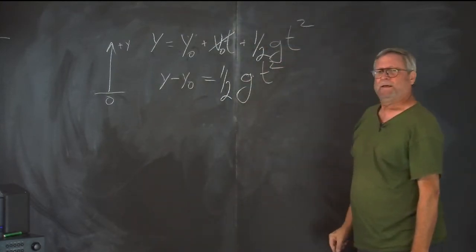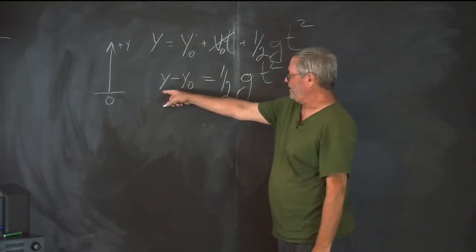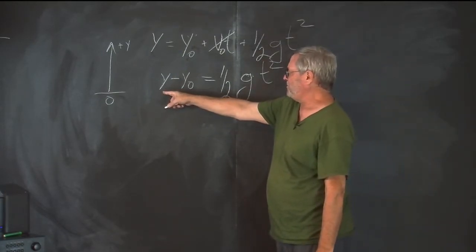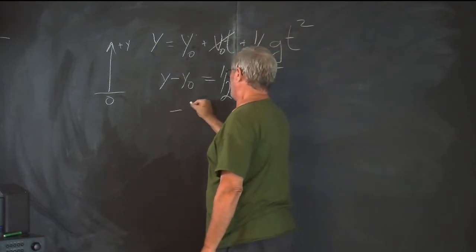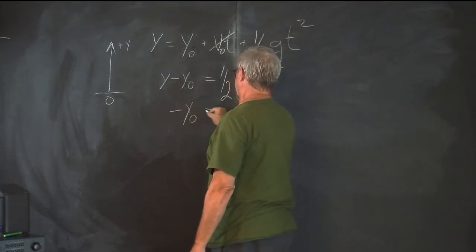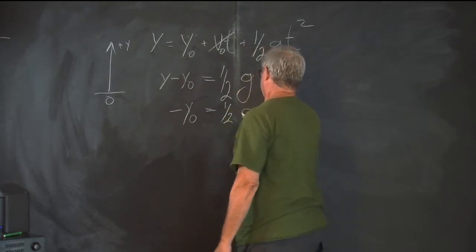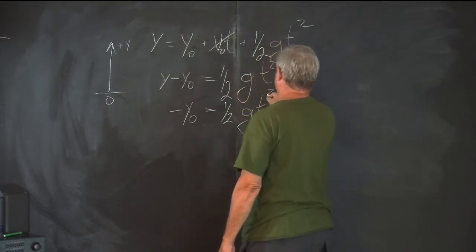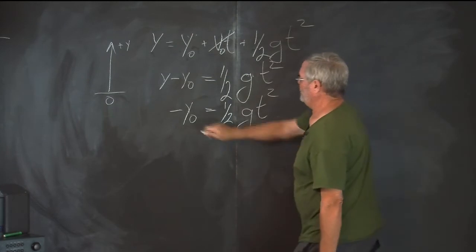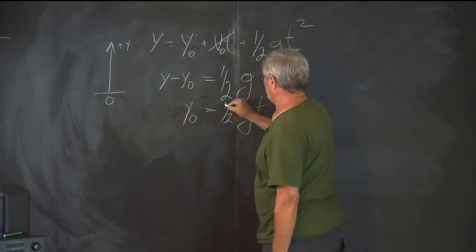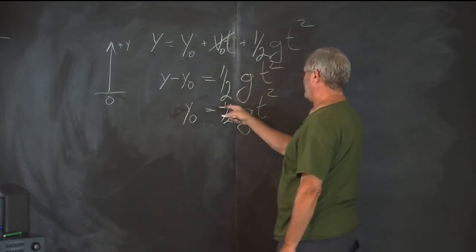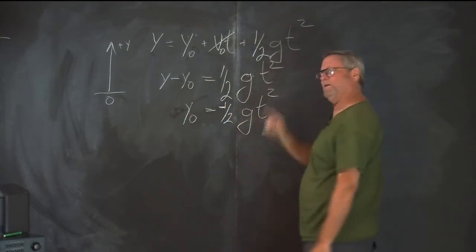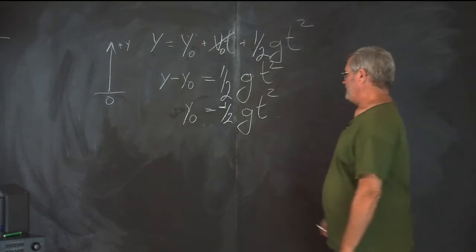Since its final resting place is 0, this is 0 minus y0, so this becomes negative y0 equal to 1/2 g t squared. If I remove the minus sign and put it on the other side, I get y0 is equal to negative 1/2 g t squared. Simple.